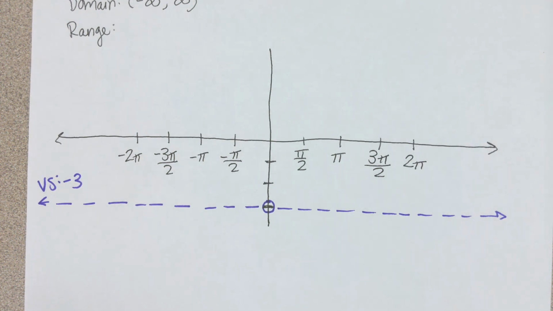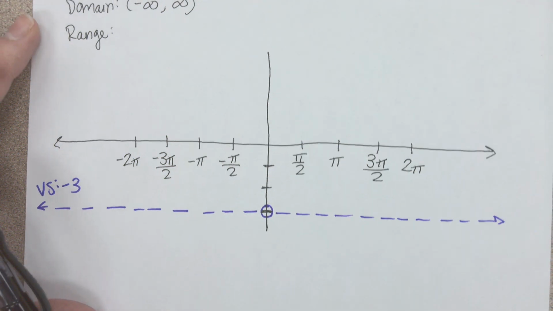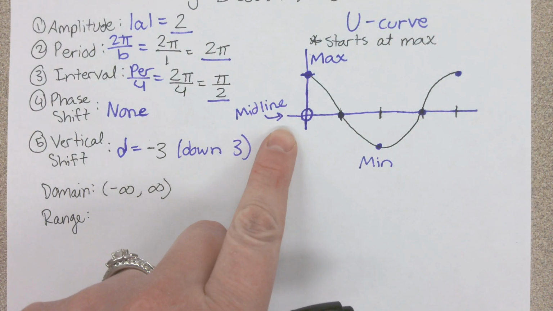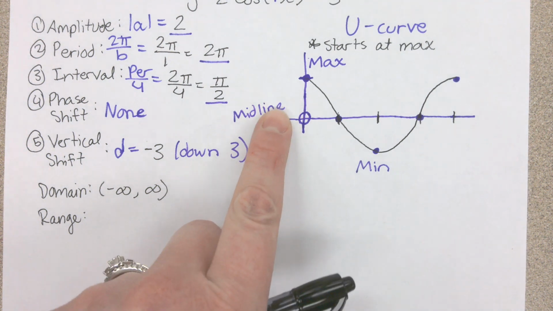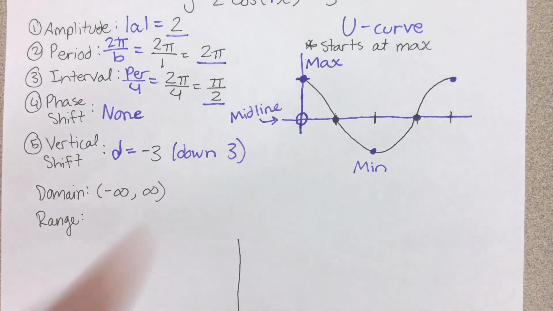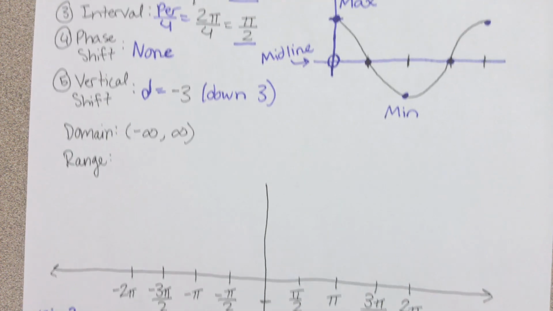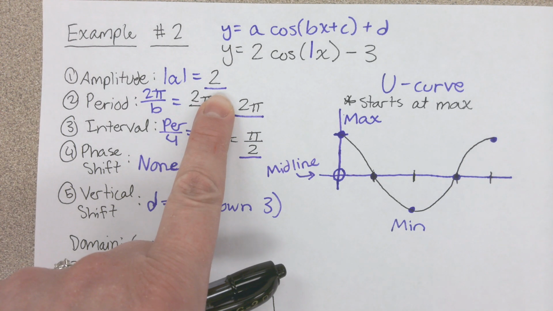From here, we can actually get our points. So, when we start the graph, we start at the maximum above that open circle we graphed. So we're not going to start here, we're going to start at the max from there. The max is determined by the amplitude. Our amplitude is 2.